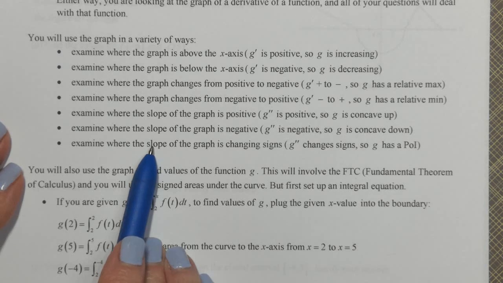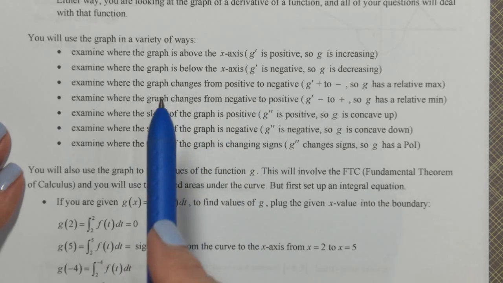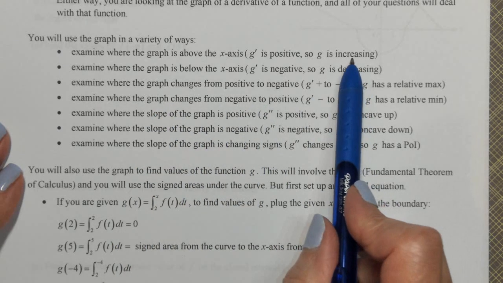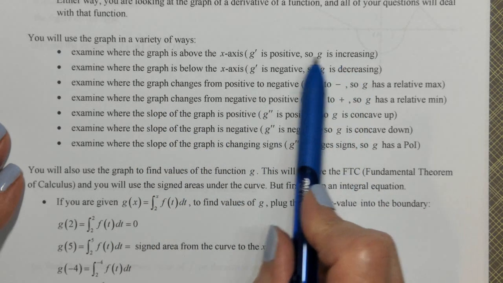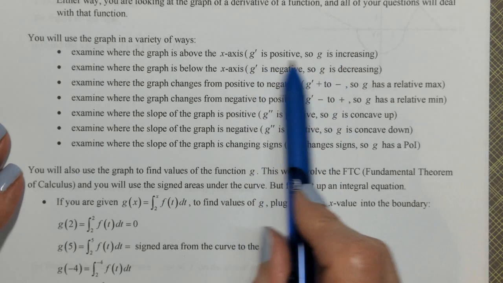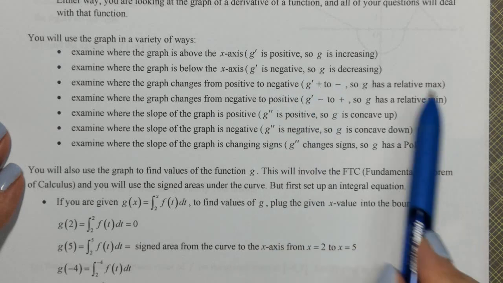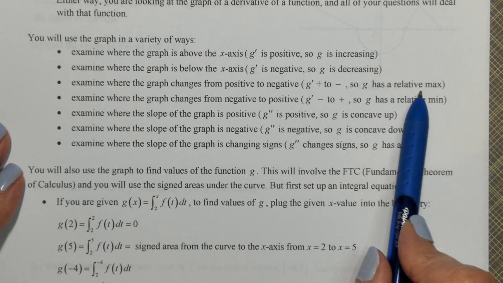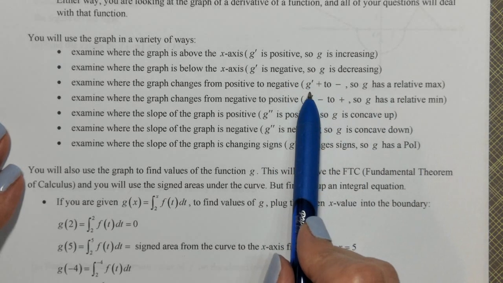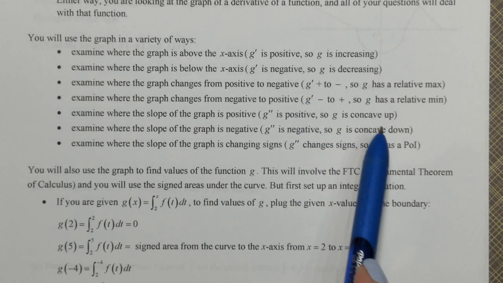You can see where g is increasing by looking at the slope, by looking at the sign of the graph. G decreasing. G has a relative max when g prime goes from positive to negative. Things like that.